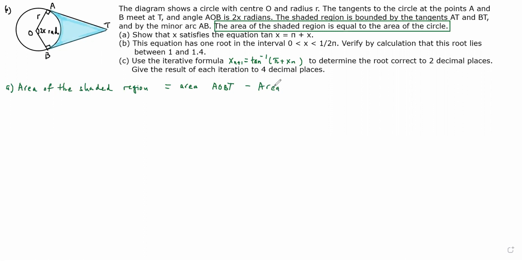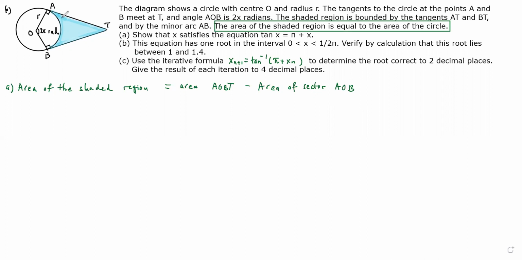So you need to subtract the area of the sector of the circle, AOB. We need to find the entire area AOBT, and then subtract the area of the sector AOB.